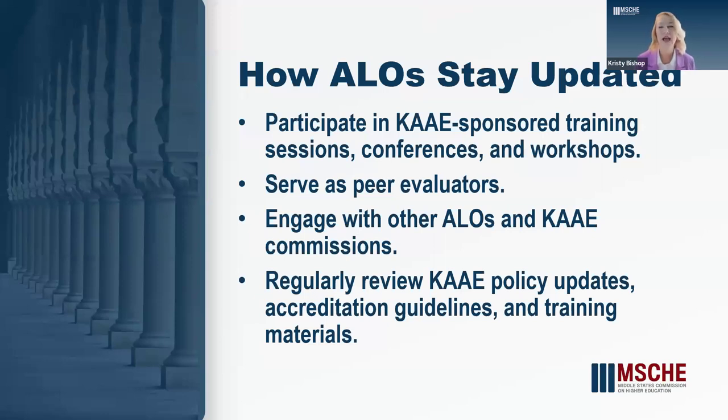So we already do have a question that I'm going to jump in and answer. Based on my experience, where should the ALO be positioned within the institution's organization, and who should they report to? I do think that's an important thing to think about. At a couple of institutions ago, I was the director of institutional research and the ALO, and I reported to the vice president of academics.